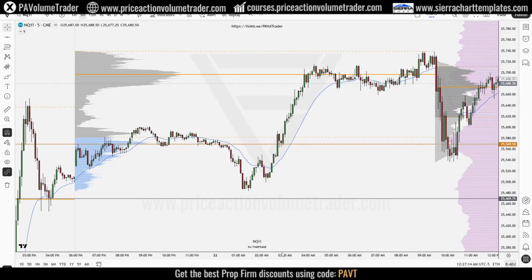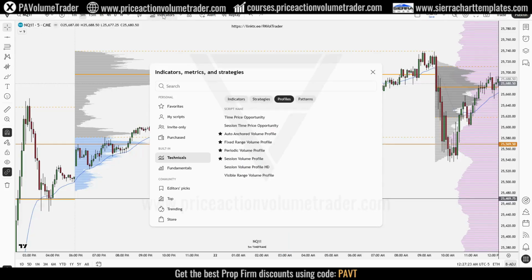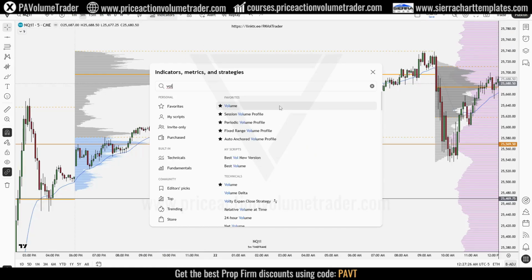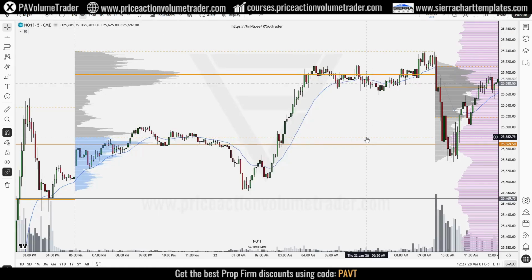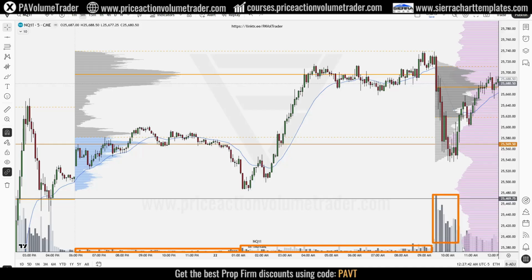Like here you can see London opened right here, and that's usually when you get your first injection of volume. If I add a simple volume indicator here, you can see how during the Asia session volumes are super low. Then in the European session they start rising a little bit, and then in New York we get a massive influx of volume.